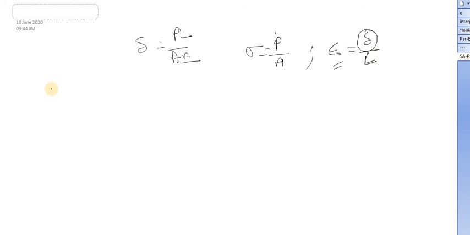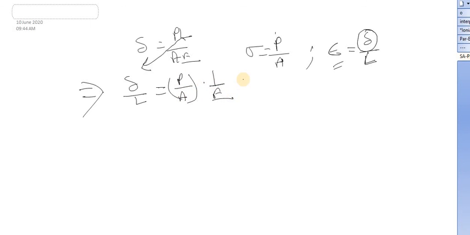So simplify this formula. Delta, just bring L down here. Delta by L is equal to P by A, which is already there. Separate it from E.